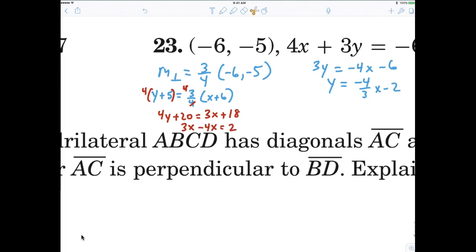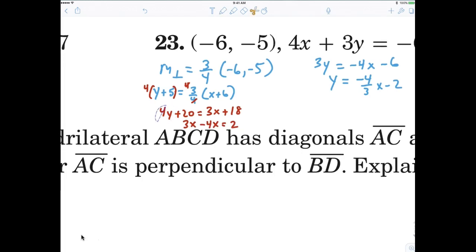Now remember, notice what I did. I moved the 4y over. When I move the 4y, it becomes negative. And then when I move the 18 to the other side, that becomes negative. So that's how I ended up with the plus 2. I meant to put 3x minus 4y.